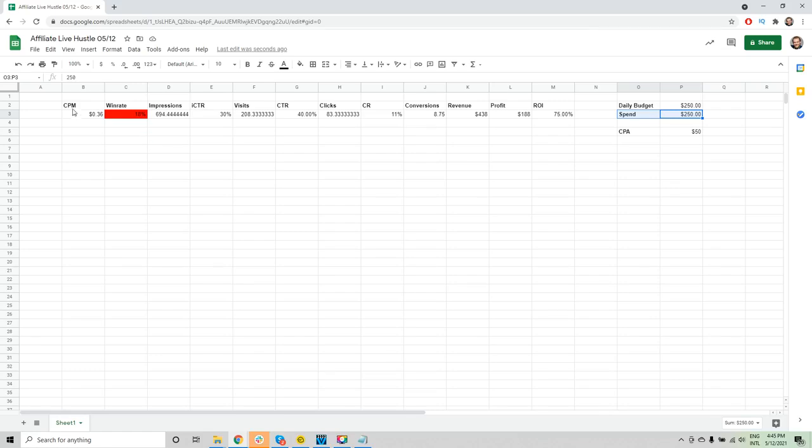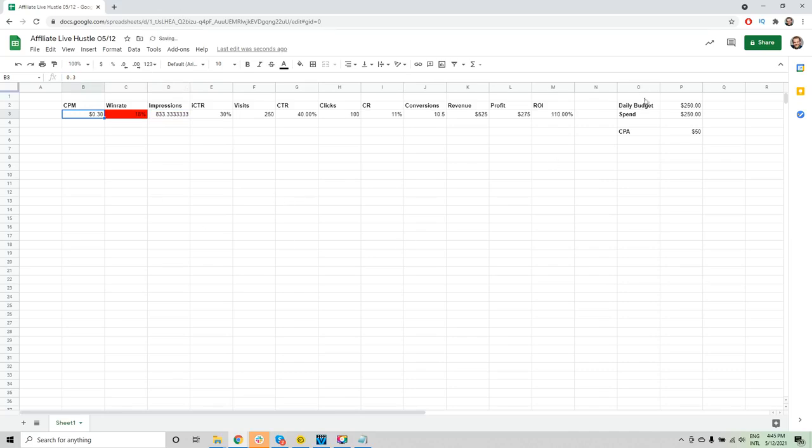So what happens if we increase the CPM, we're going to bid higher, right? We're going to pay more for the impressions that we bid on, all right? But there's no more room in our daily budget. So that 250 now gets spent on 694 impressions because the CPM is higher.